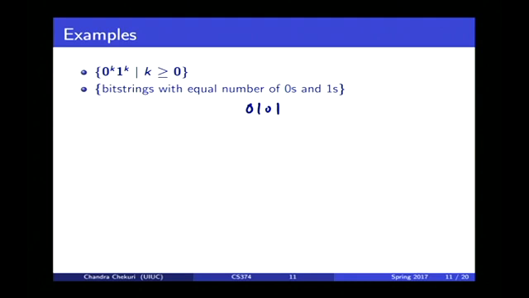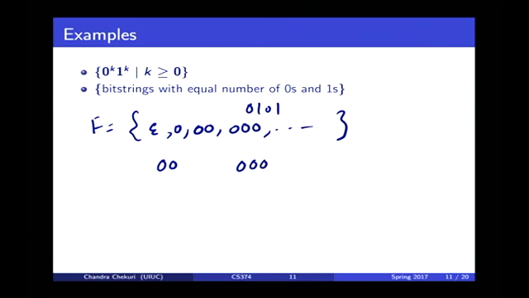Yeah, we can use the same fooling set as above for this language. I claim this is a fooling set for this language also. Why is that? Suppose I have 2 zeros and 3 zeros, the same proof will work, right? Because these two are distinguishable with respect to this language also. Why?